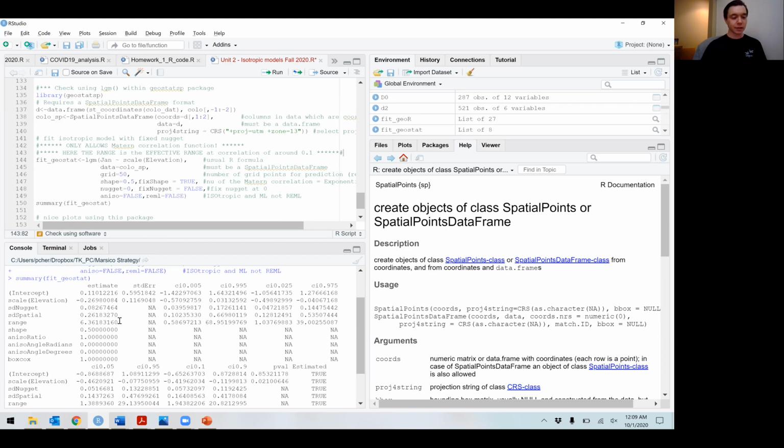And those judgment calls include not reporting the actual range parameter that we know means nothing about the real world. The author provides us with an effective range, and that effective range is the distance at which the correlation function goes to 0.1, not 0.05 like a previous package.